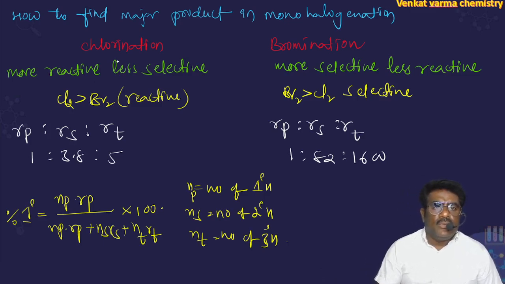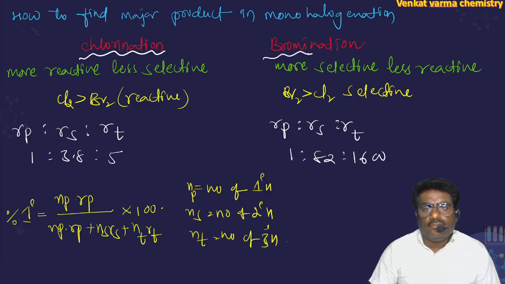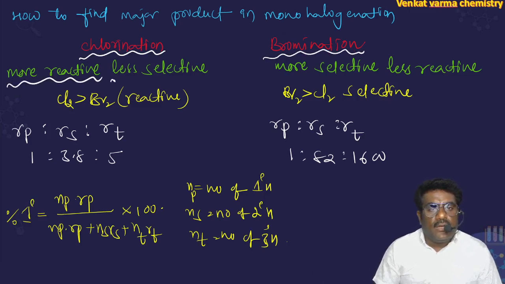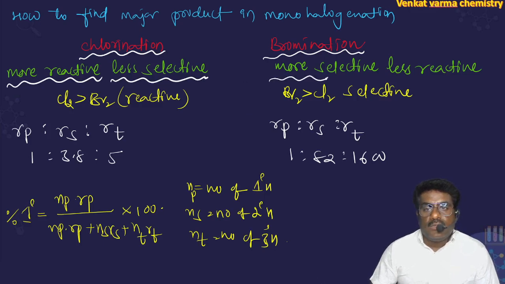During chlorination and bromination, chlorine is more reactive and less selective. Bromine is more selective and less reactive.